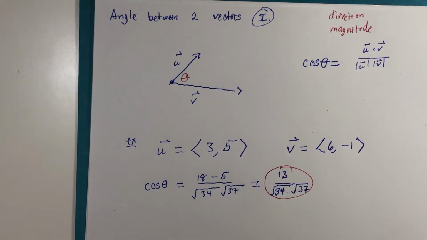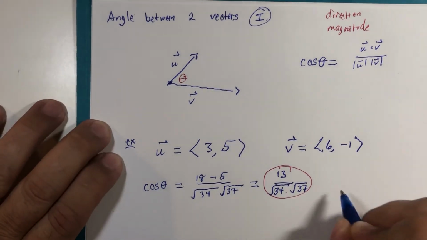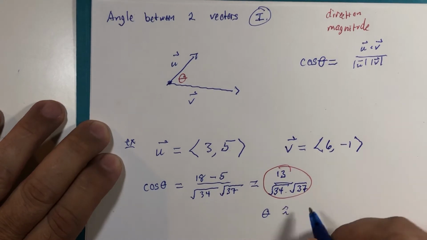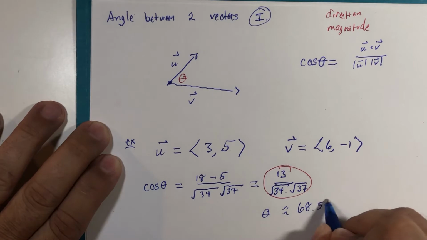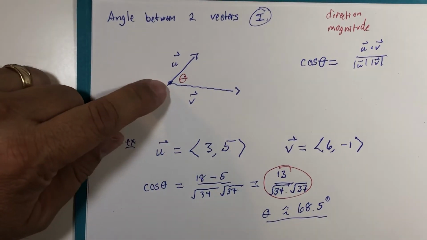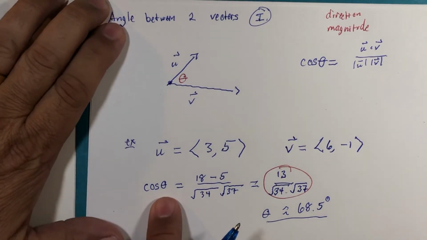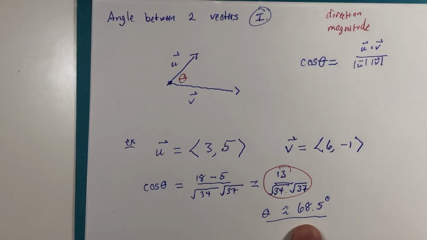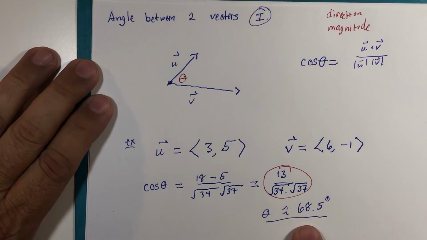For this particular problem, it generates a value where theta is approximately 68.5 degrees. And look, even the picture, it's just about believable that it's about 68.5 degrees. So theta we can't find without technology. But there is something we can determine about theta.